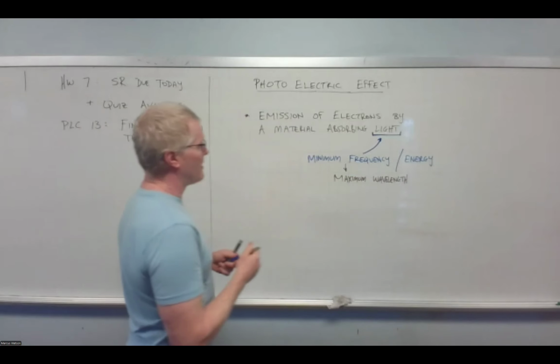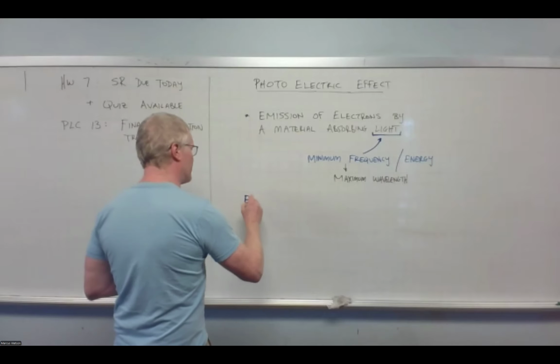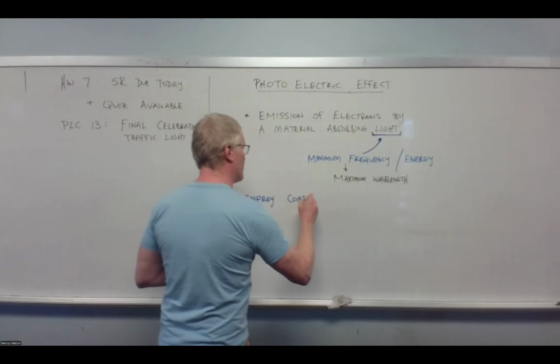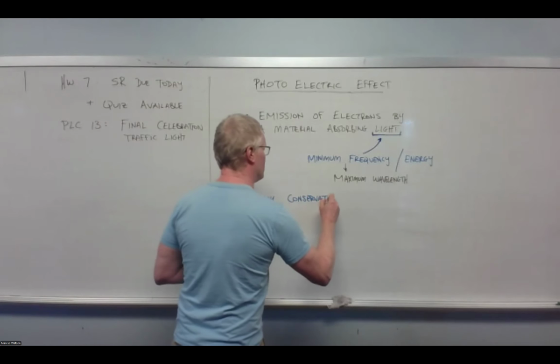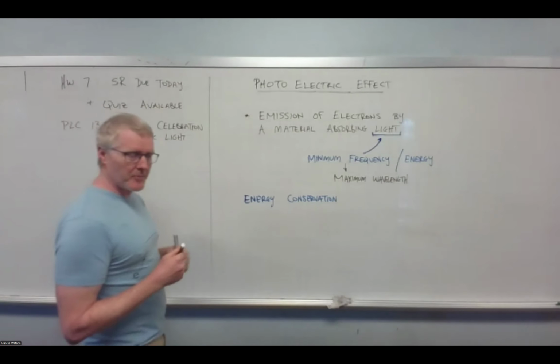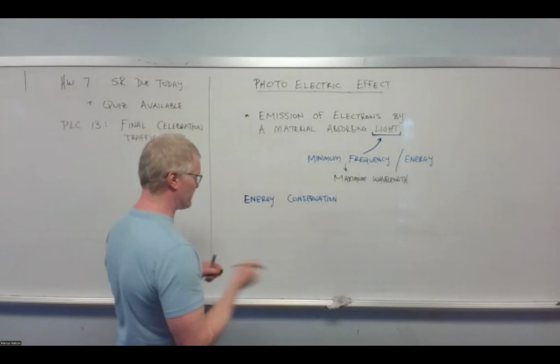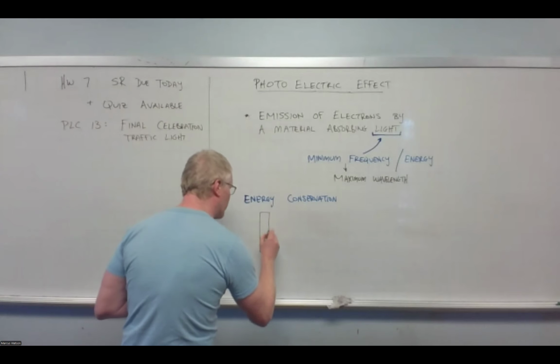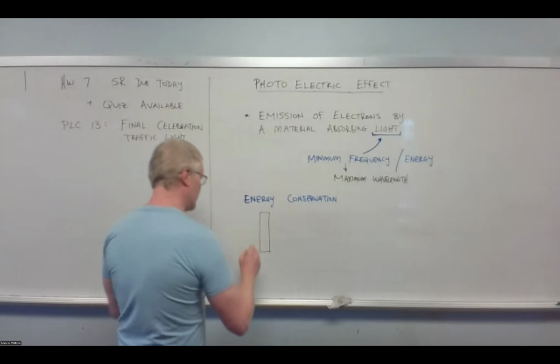All right. If you look at the energy conservation of the situation here, we can draw bars to represent the energy that's involved. So the first thing that we'd see is in the initial state, this is the initial energy.